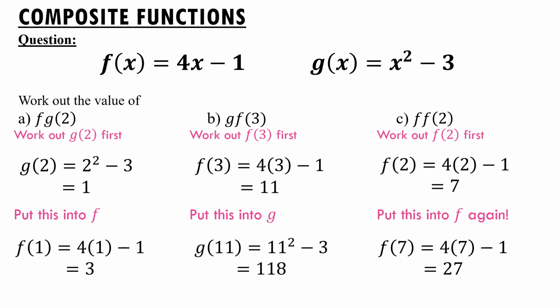So we've got 4 times 7, take away 1, which is 27. Basically this is a lot of substitution, finding an answer, and then putting it into another or sometimes the same function again to get a new numerical answer or output. Make any notes that you need to, and on our next slide we've got some questions for you to have a go at.